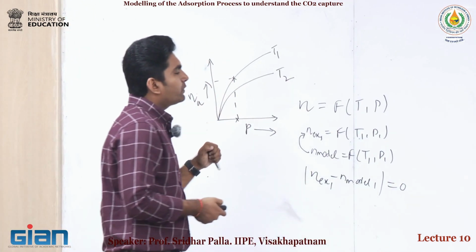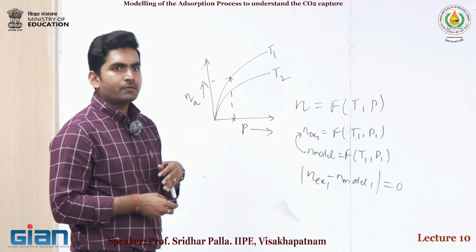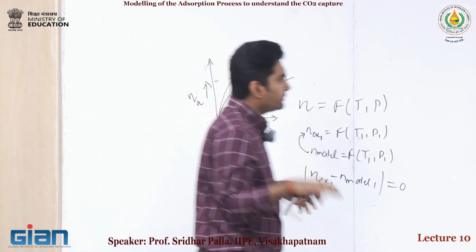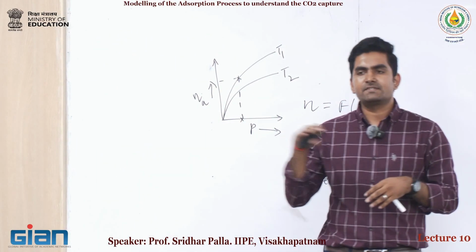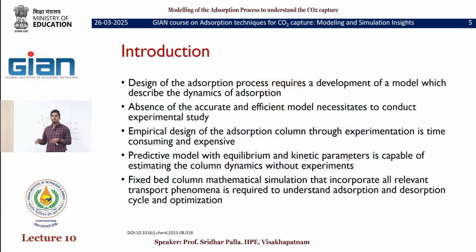For this fixed bed column, the mathematical simulations would incorporate transport phenomena, how the mass is changing from entry to the exit and how the pressure is changing. This is an exothermic process, so we are interested in temperature changes also, and we need an energy balance equation. All the transport phenomena are important for both the adsorption and the desorption cycle.